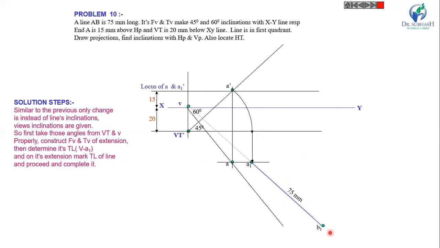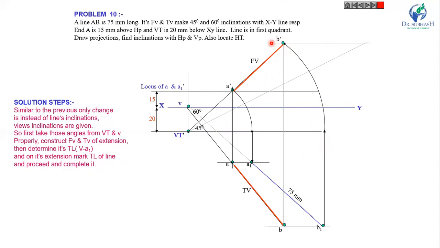You will get the point B1. Now draw the locus of B1. It will intersect this line at the point B. This AB is the top view. Similarly, you can find the front view. A dash B dash is a front view. Draw the locus from B dash and the 75 mm length.